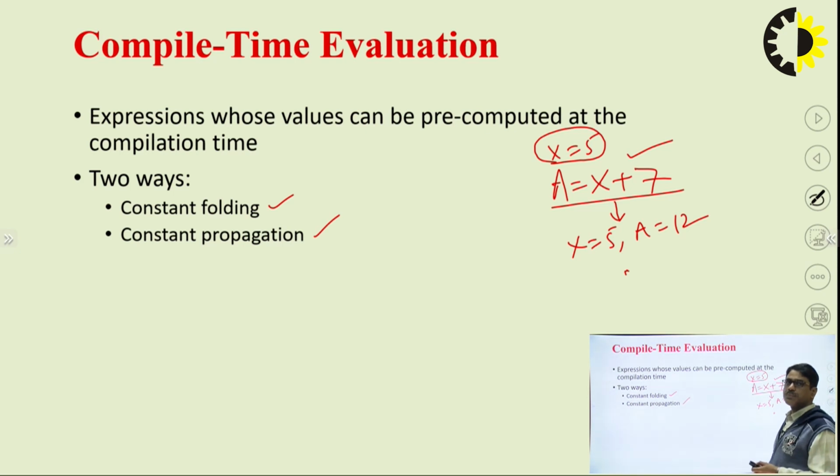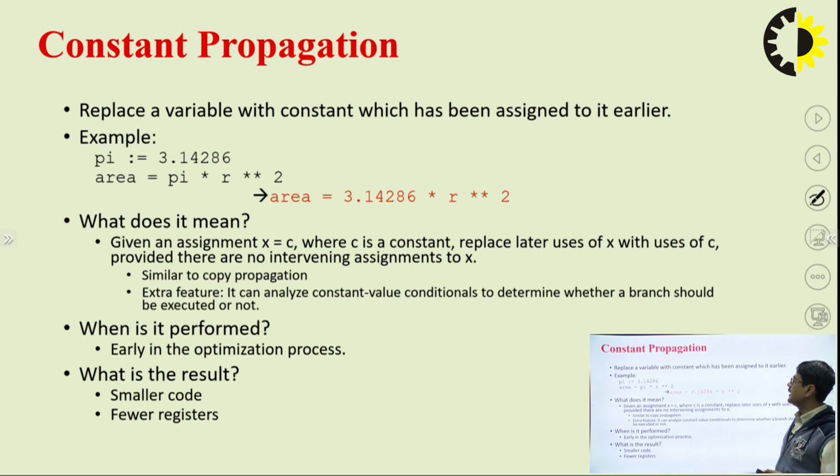Constant propagation is also a technique like copy propagation, because we propagate the value of a constant. In constant propagation, we replace a variable with the constant which has been assigned earlier, like pi equals 3.14, area equals pi into r square.